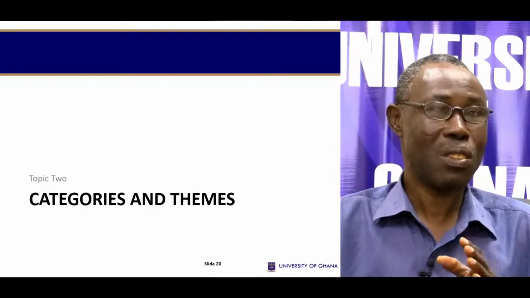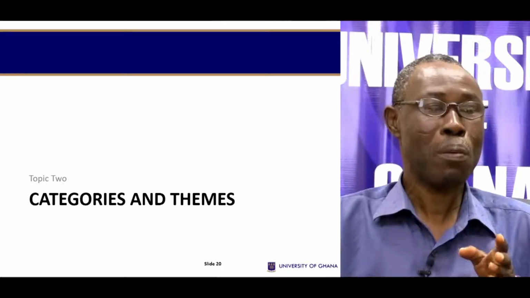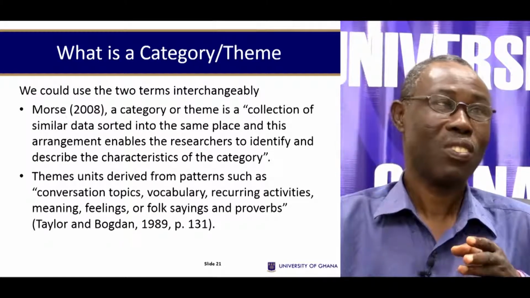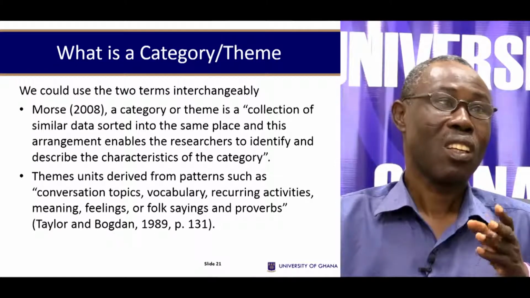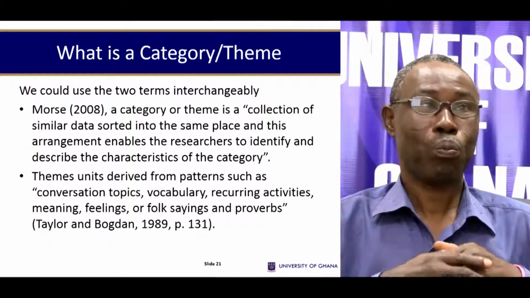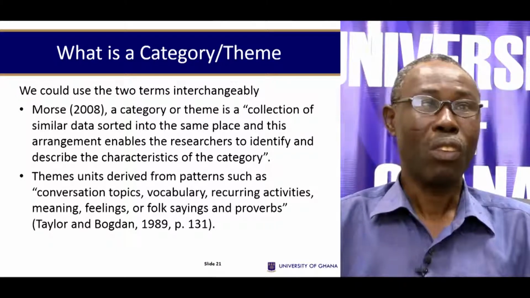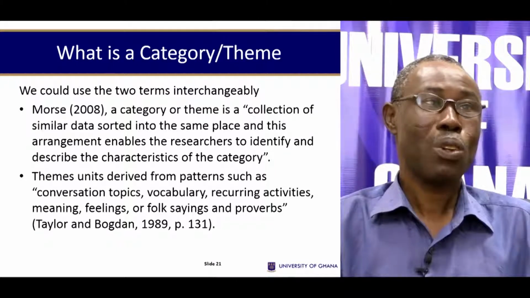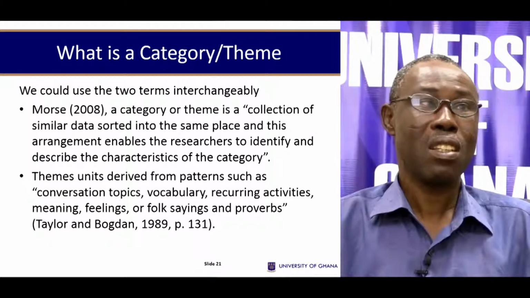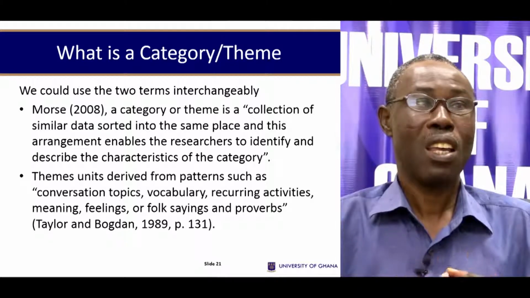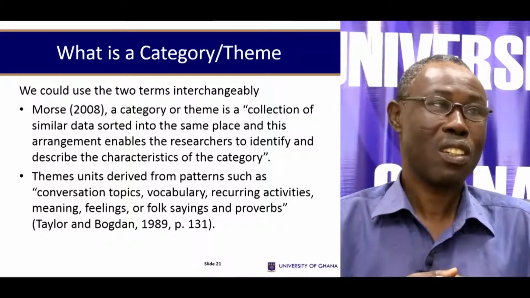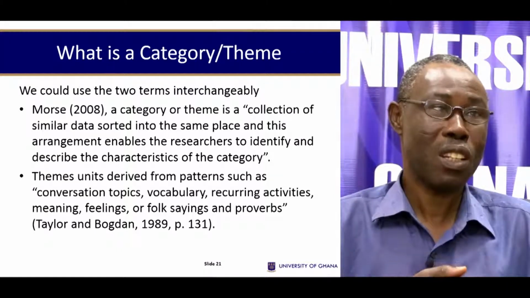In other words, the codes help us to organize our data into categories and themes. A category or theme, therefore, is a collection of similar data sorted into the same place, and this arrangement enables the researcher to identify and describe the characteristics of the category. And this was by Morse, 2008.